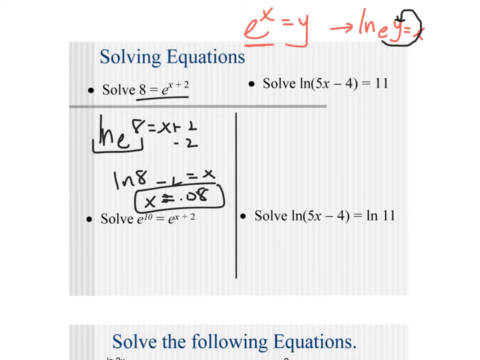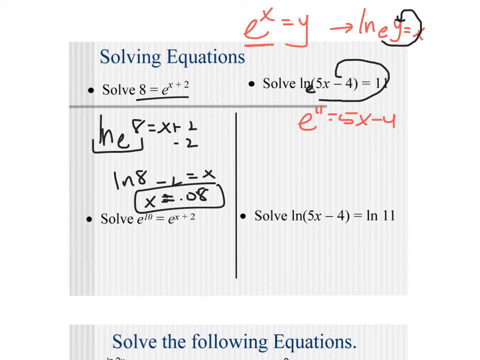The next one is going backwards, so putting it into exponential form to get rid of the ln. So my base here is e, so I can put it in exponential form. Seashell. You don't have to make that sound, but if you do, I can't hear you, but hopefully you're doing it. Okay, so e to the 11th equals 5x minus 4.